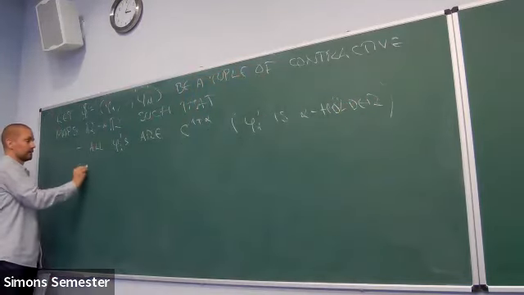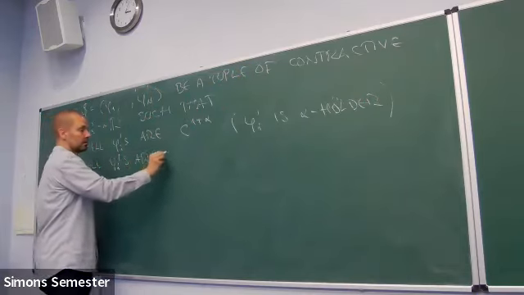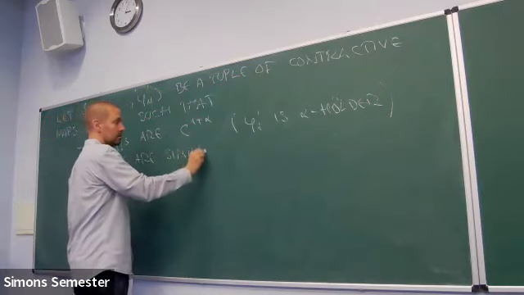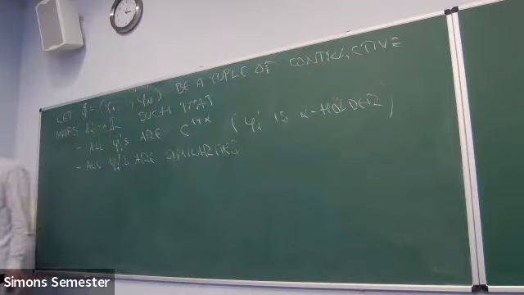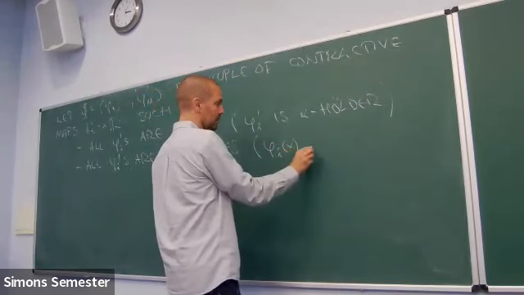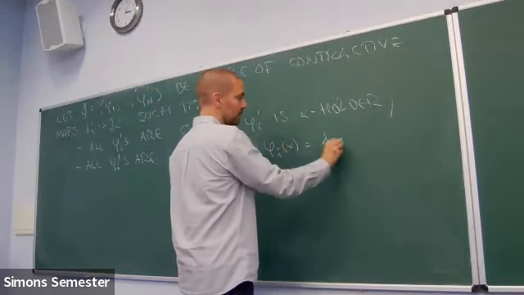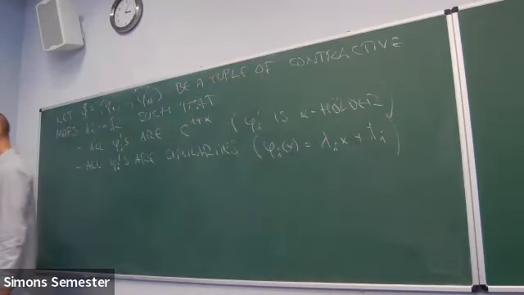And the other case is all of the mappings are similarities, which means that they have this kind of form.